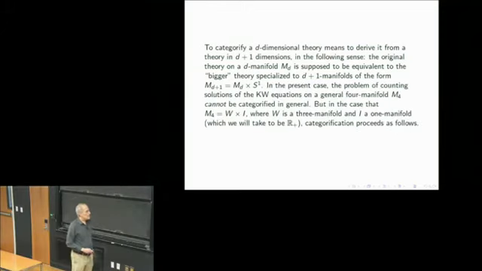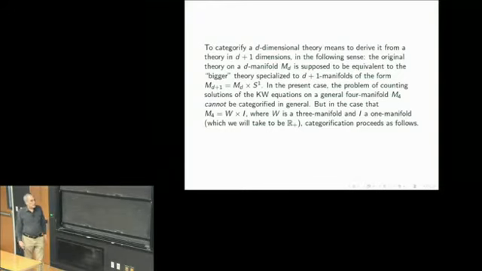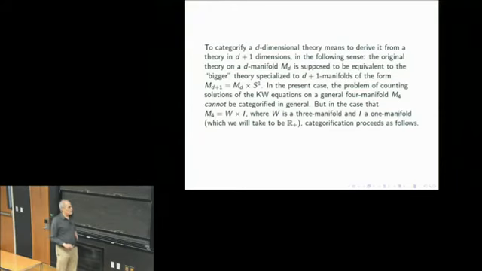In the present case, the problem of counting solutions of the KW equations on a general four-manifold cannot be categorified, as far as I know. But if the four-manifold is the product of a 3-manifold and a 1-manifold, and we will take the 1-manifold to be R+, then categorification proceeds as follows.